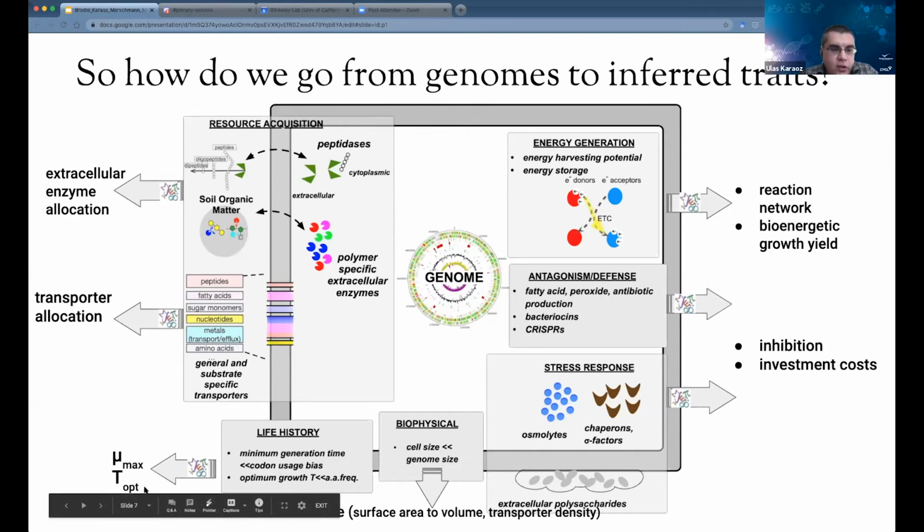Next are the two key life history traits, which leave aggregate signals in the genome. The minimum generation time is known to be predictable from codon usage bias, and we can use approaches that look into amino acid frequencies and link them to optimum growth temperature. So next are several traits which underlie different dimensions of different strategies to be fit for environmental microbes. A major one is resource acquisition.